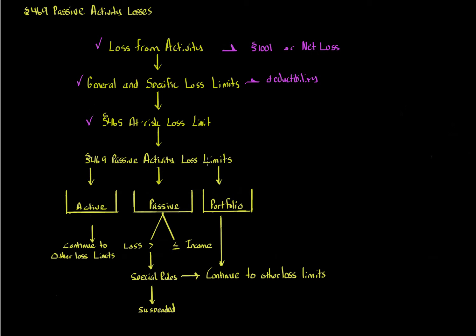Before I go through the specific rules of Section 469 passive activity loss limitations, I want you to consider Sections 465 and 469 together. Prior to the 1986 tax code, there were lots of loopholes throughout the tax law that allowed certain types of taxpayers in high ordinary income brackets, as high as 70, 80, 90%, to lower their income using tax shelters.